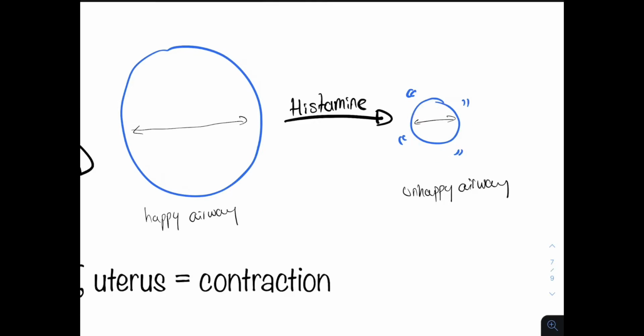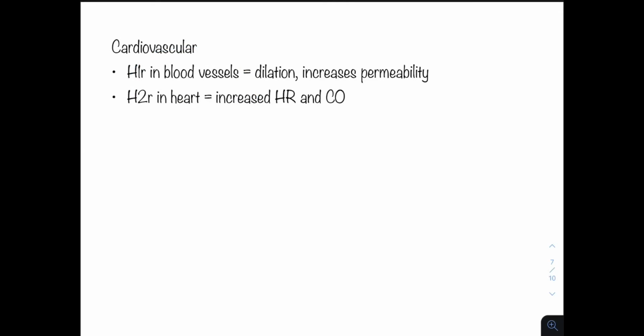Now, this can result in the patient suffocating, and this is one way in which the airway can become compromised. Moving on to the cardiovascular system, activation of the histamine 1 receptors in the blood vessels results in two things. These are dilation of the blood vessels and increased permeability of the postcapillary venules.